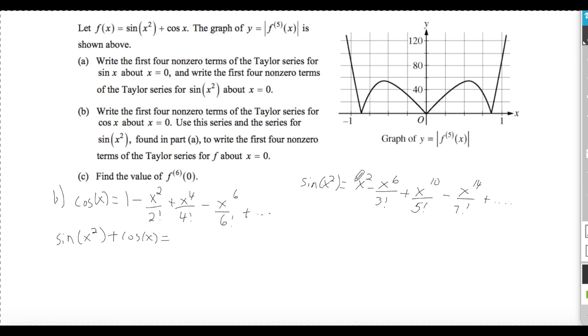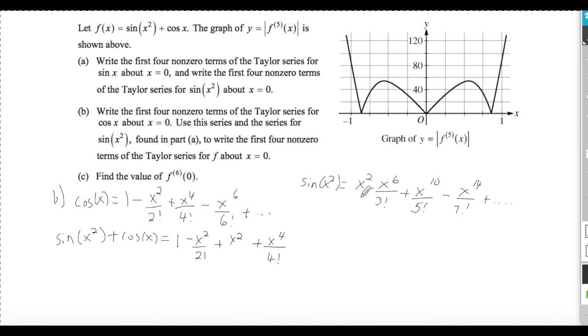1 doesn't have a partner over here, so I'm just going to write down 1 because I'm just adding these things together. 1 minus x squared over 2 factorial. That has a buddy over here. So for now, I'm just going to say minus x squared over 2 factorial plus x squared. X to the 4th does not have a buddy over here, so I'm just going to say plus x to the 4th over 4 factorial.